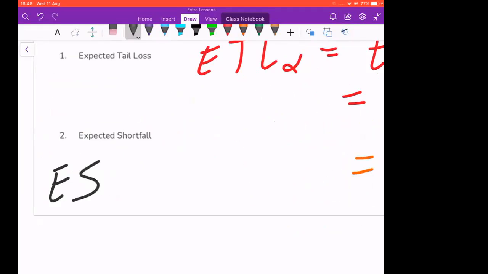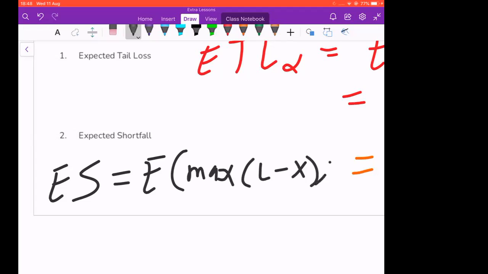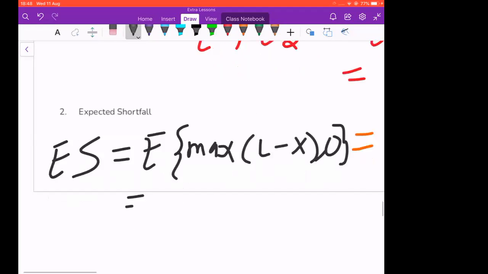So again, expected shortfall is going to be equal to, always remember, L minus X. It's going to be the expectation of the maximum of L minus X or 0. This is how they define it in your book. But you can basically write it this way.